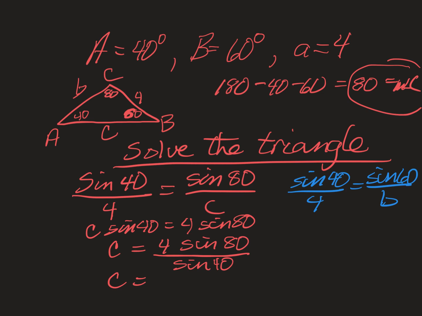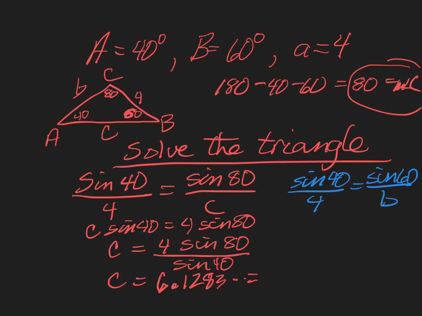So 4 sine of 80, make sure I put that 80 in parentheses, and then I divide by the sine of 40. All right? And I end up with C is equal to 6.1283 dot, dot, dot. It goes on forever.